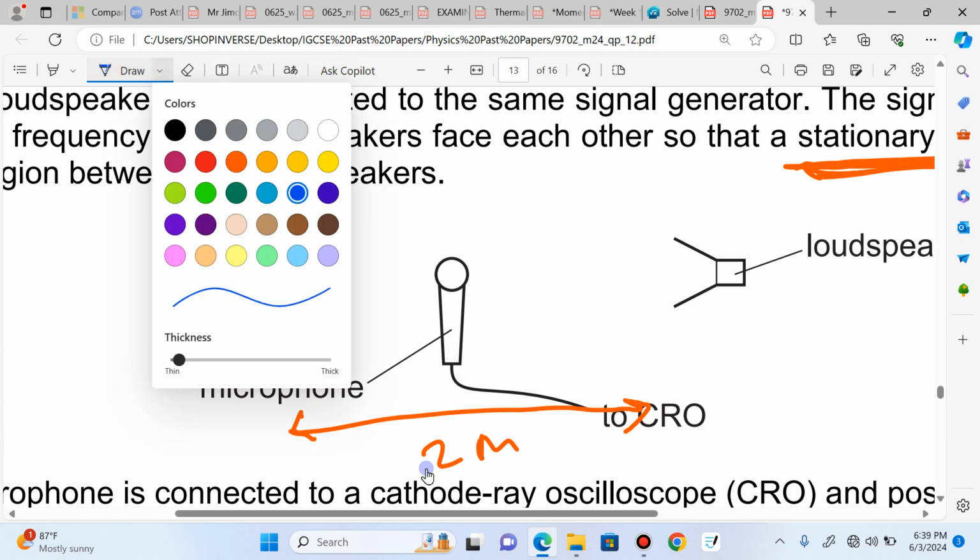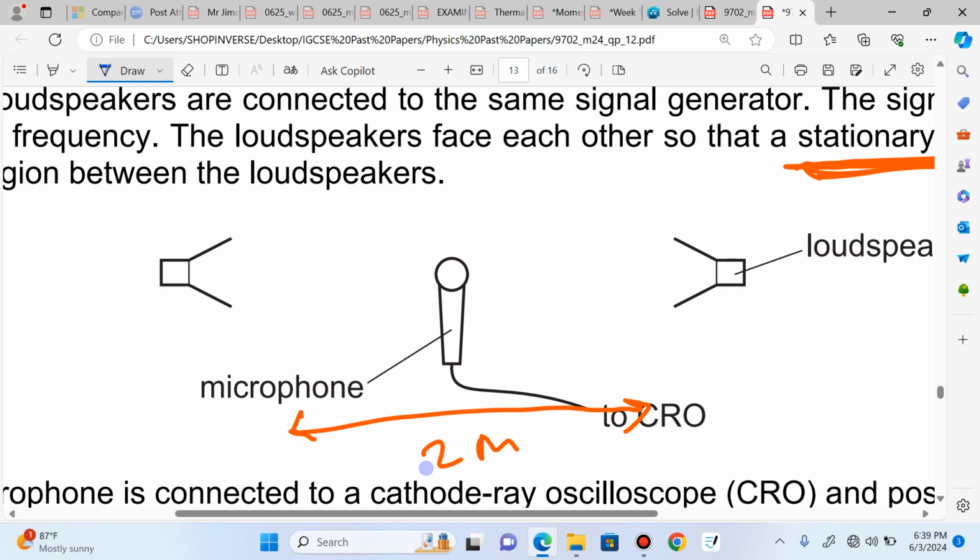So let me just draw the shape of the sound wave that has 5 maxima. I'll produce something like this. 1, 2, no, I need 5 maxima. Okay, 5 maxima is fine.